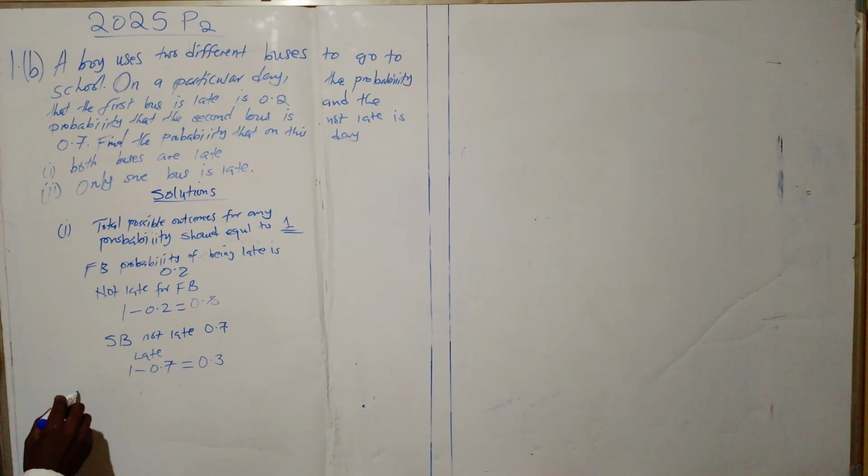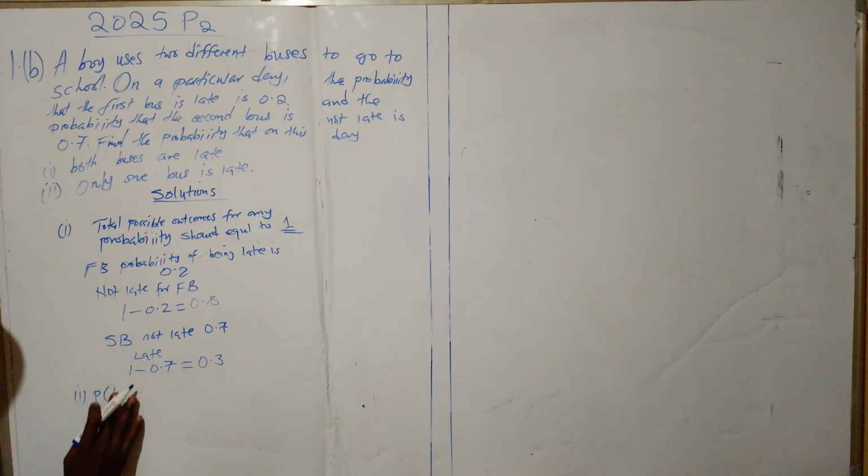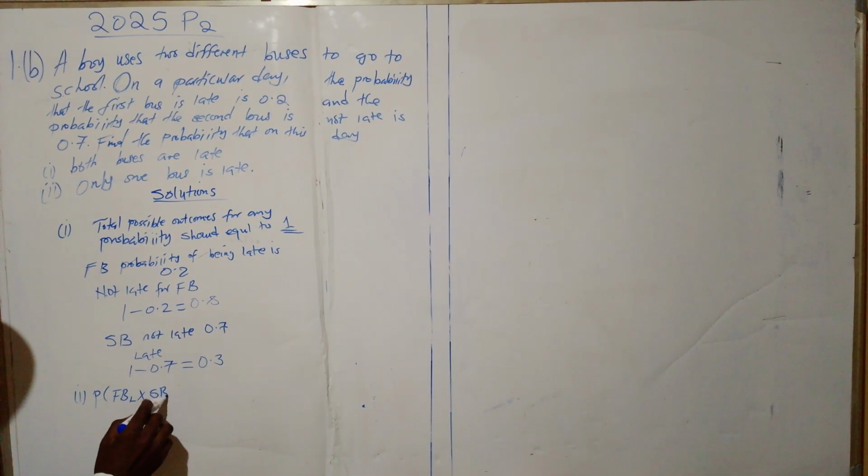So now the first question says both buses are late. So the probability both buses are late, I'll say first bus late times second bus late.